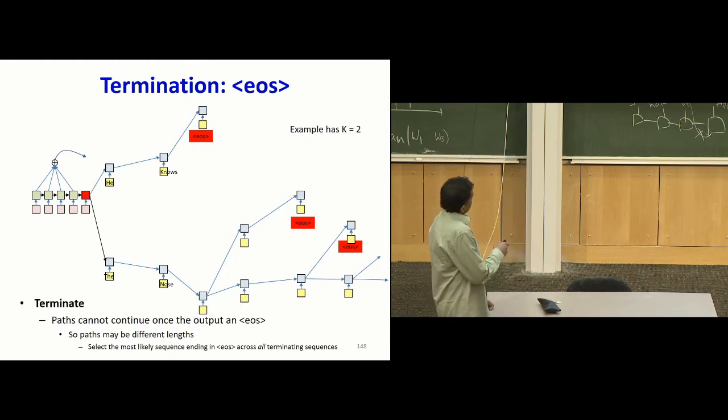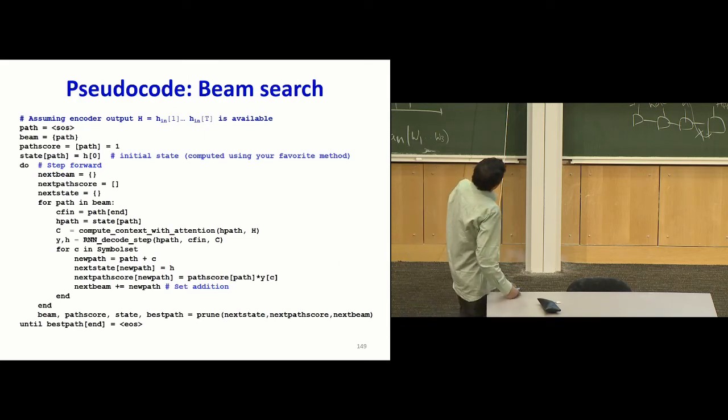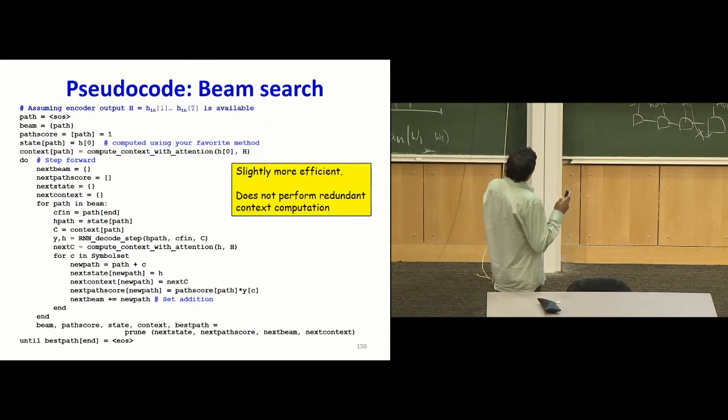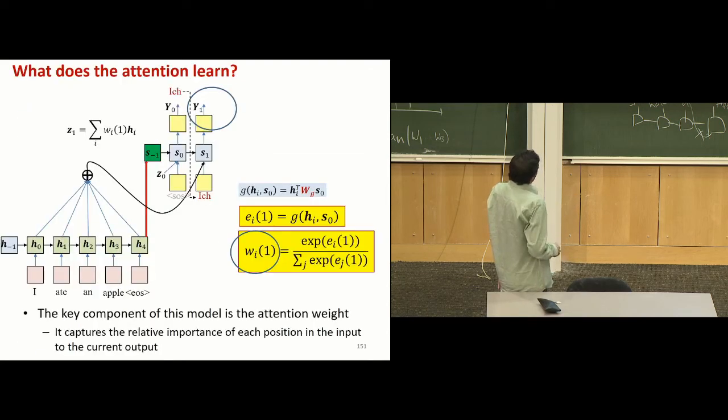So you must continue to produce symbols until you get a sequence that ends in an end of sequence symbol that is most likely. So here is the pseudocode for the beam search. I won't actually spend time on this, but do take a look at the code.